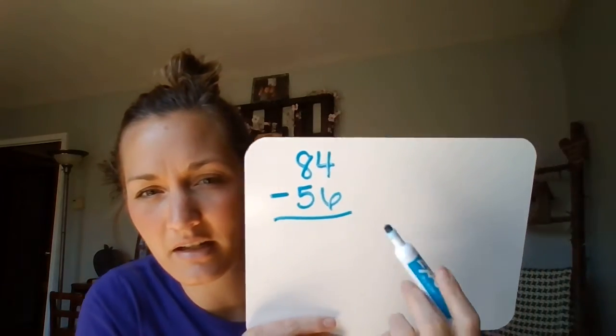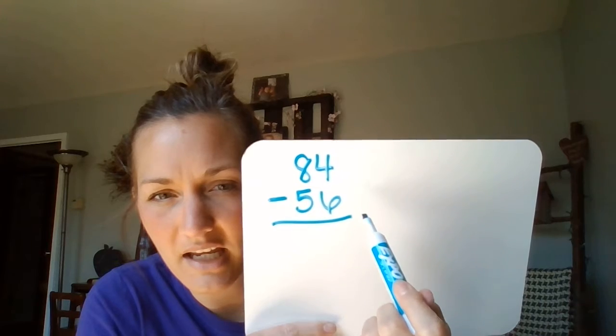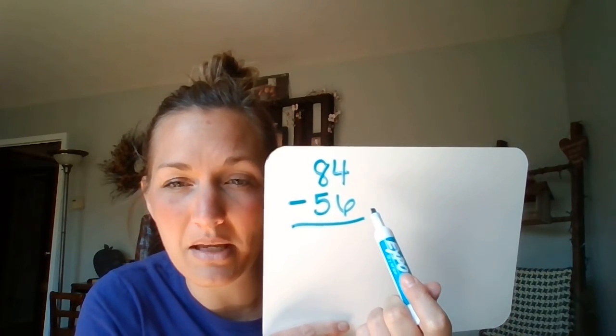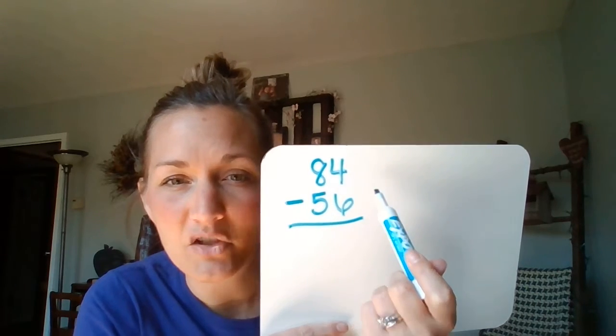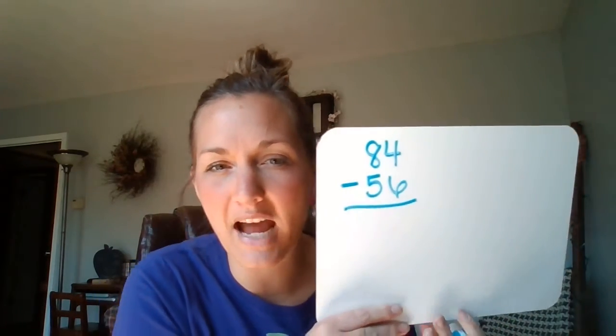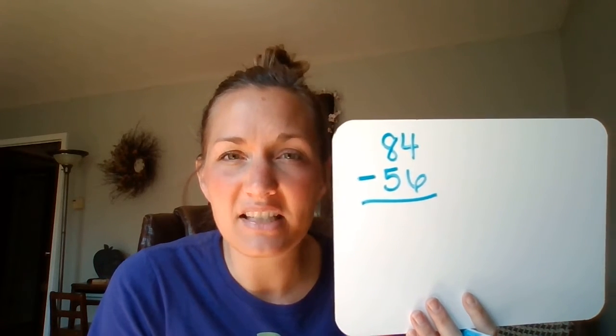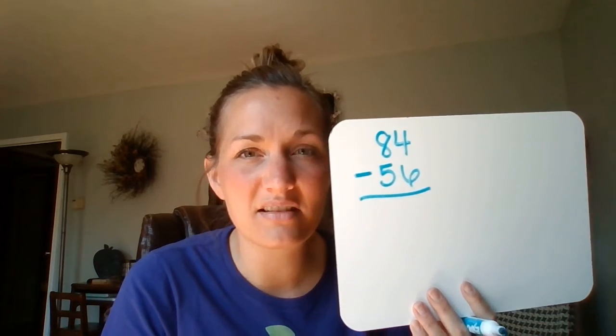Now we look here. Our top number is smaller than our bottom number. So this is where we're going to be trading. So first we want to expand our numbers out. So 84 would become 80 plus 4, and 56 would become 50 plus 6. I'll write those out for you.